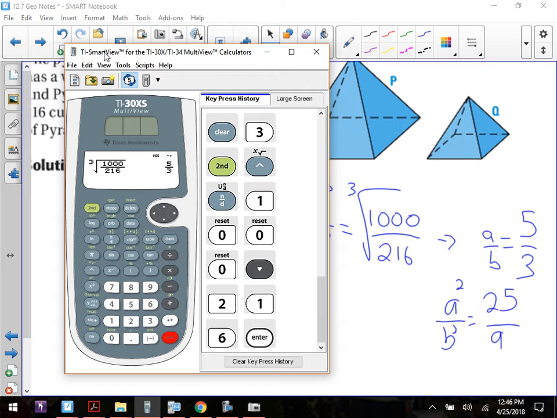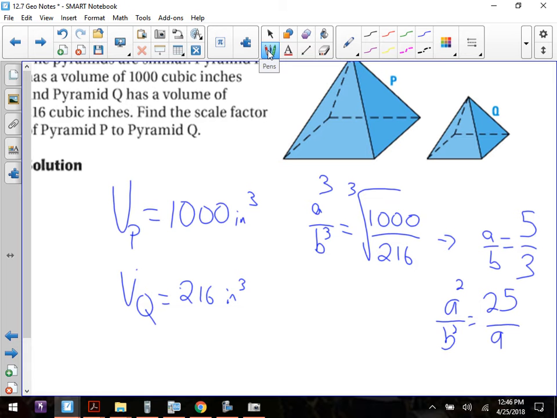Oh, did you need it off the screen? Or minimized? I wouldn't be me if I didn't do that. That is very true. Okay. You don't get this kind of, well, you probably do get this kind of harassment in some of the classes. But you don't get this kind of harassment with a smile.